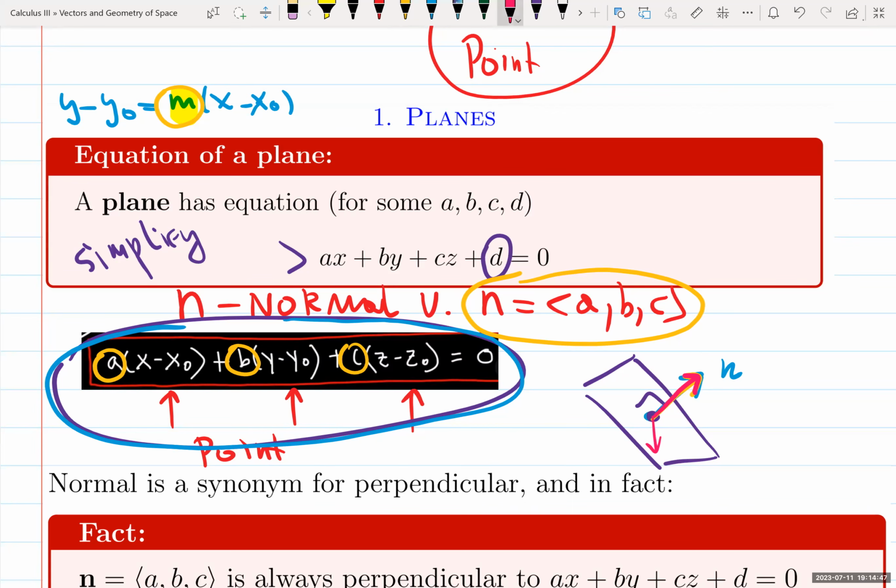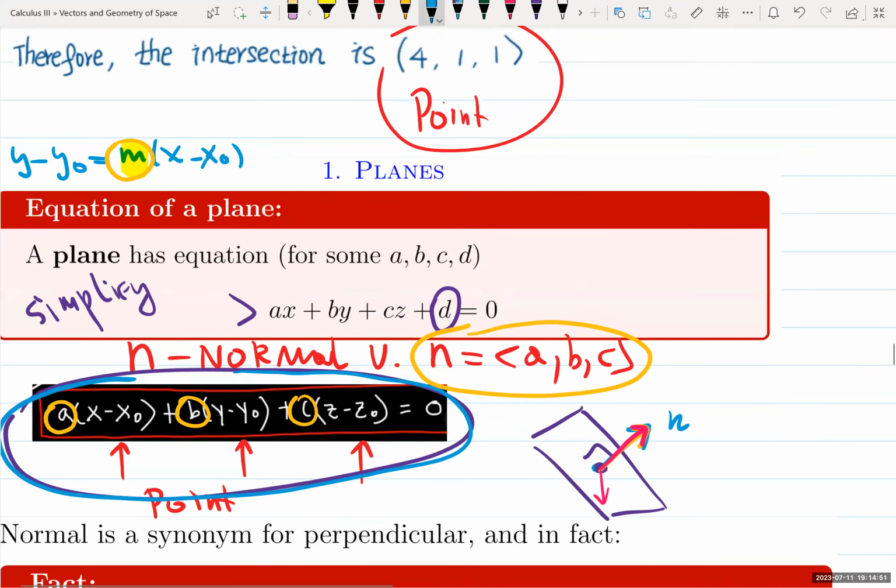When you tilt the normal, the plane tilts too. The plane can be fixed by having a point. A point isn't enough because there are thousands of different planes going through that point. But the moment you fix the normal, the sticking out vector, it fixes the tilt of the plane. So that's why A, B, C are coming from the normal vector.